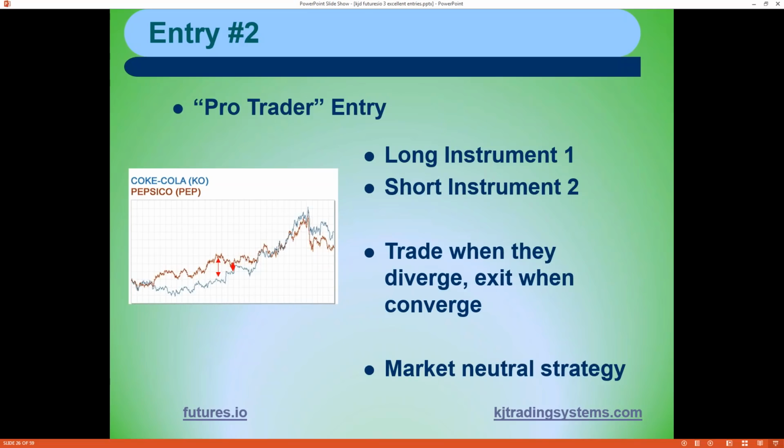Now this is Coke and Pepsi, but it might be this way with gold and silver. It might be this way with wheat and soybeans. There's a lot of different pairs you could look at where you could make an argument that they should be tied together. For example, with energies, maybe you say heating oil and natural gas are hooked together, because if the price of heating oil skyrockets and stays super high, what are people going to do?